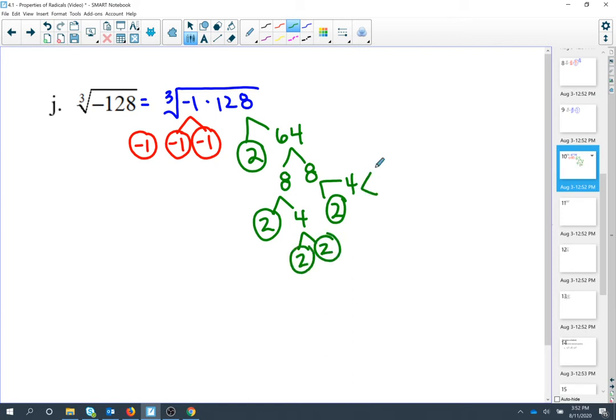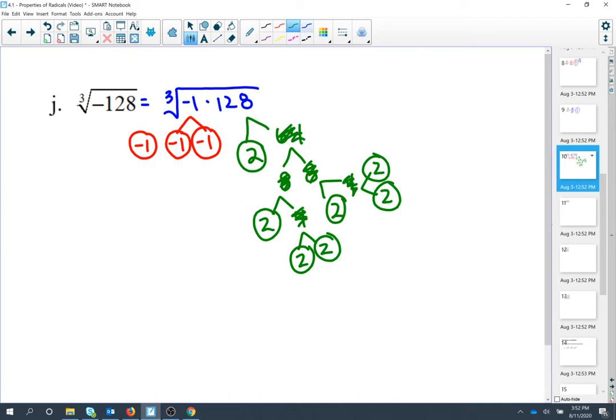And 4 is 2 times 2. Now, that's a whole lot going on. So we can't use the 4, we can't use the 8, we can't use the 64, we can only use the prime numbers.